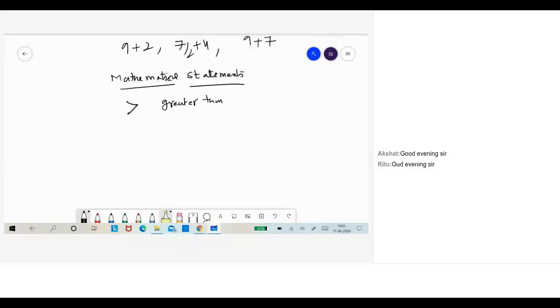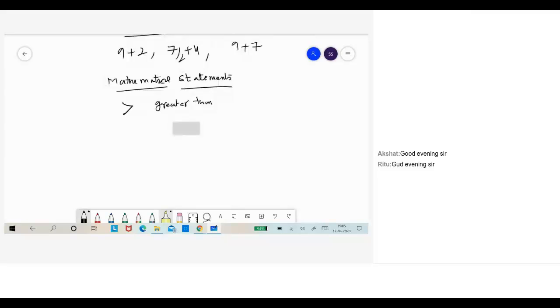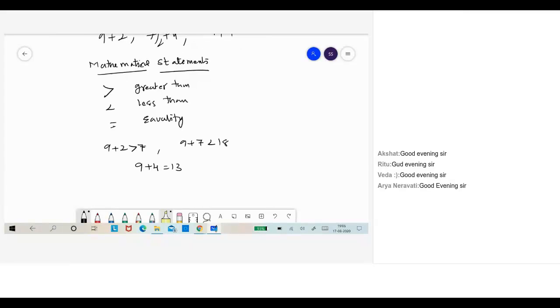Next, you have something called less than inequality. You have something called equality, and less than or equal to, greater than or equal to. If they are connected with these symbols, this is called greater than inequality, this is called less than inequality, and this is called equality symbol.